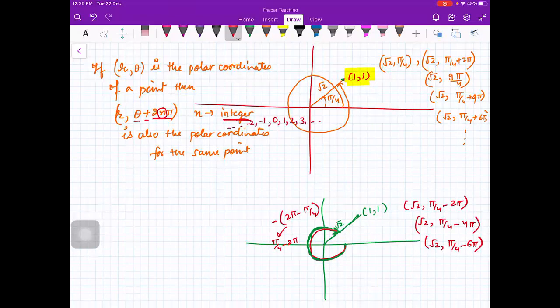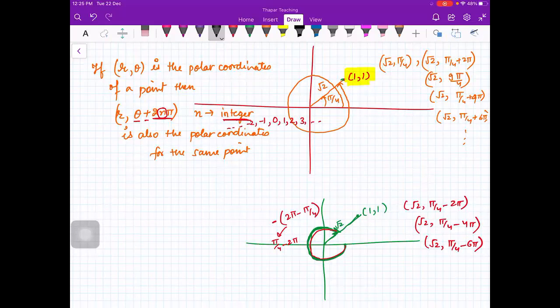Is that clear to everybody? So if (r, theta) is the polar coordinates of a point, then (r, theta plus 2n pi), where n is any integer, positive or negative or 0, is also the polar coordinate of the same point. This is very important to understand.